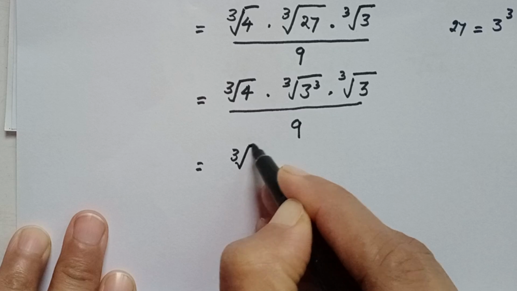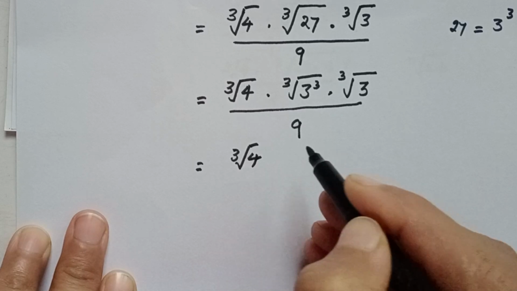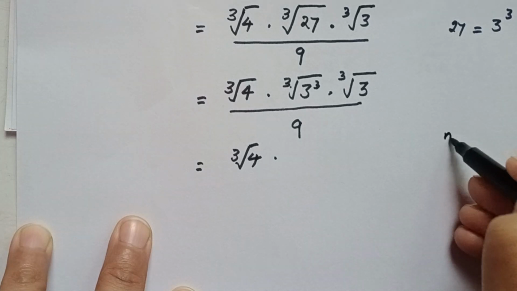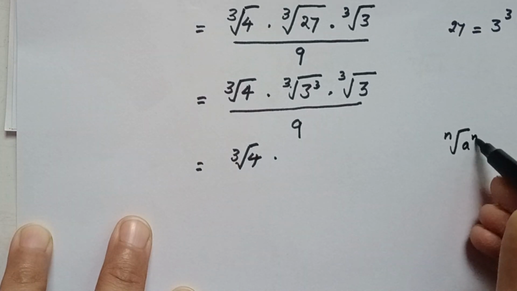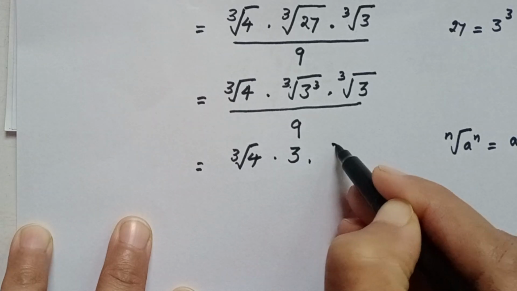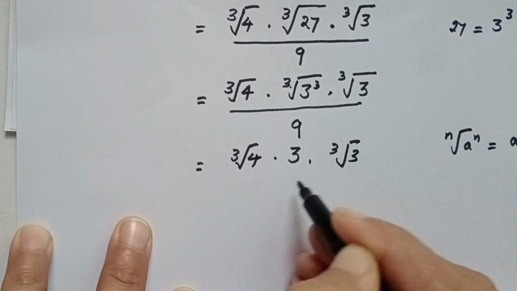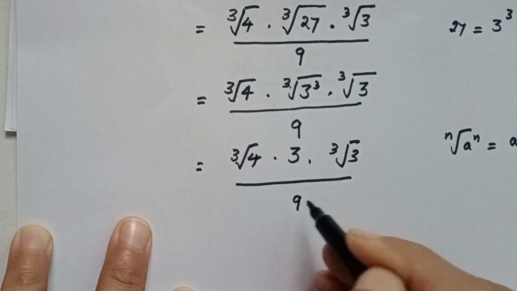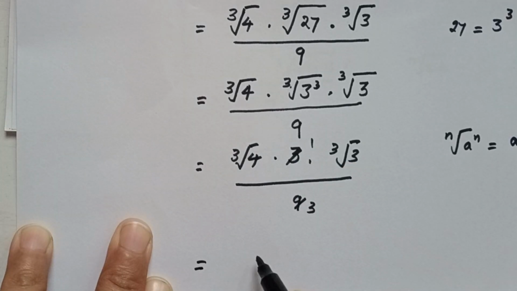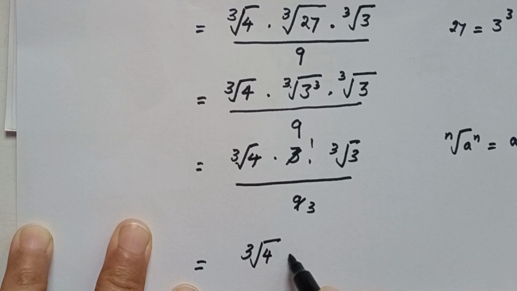So from here we can write the third root of 4 into, we know that if the nth root of a to the power n is given, we get a. So here we will get 3 into the third root of 3 over 9. So 3 ones are 3, 3 3s are 9. So here we will get 3 times the third root of 4 into the third root of 3 over 3.